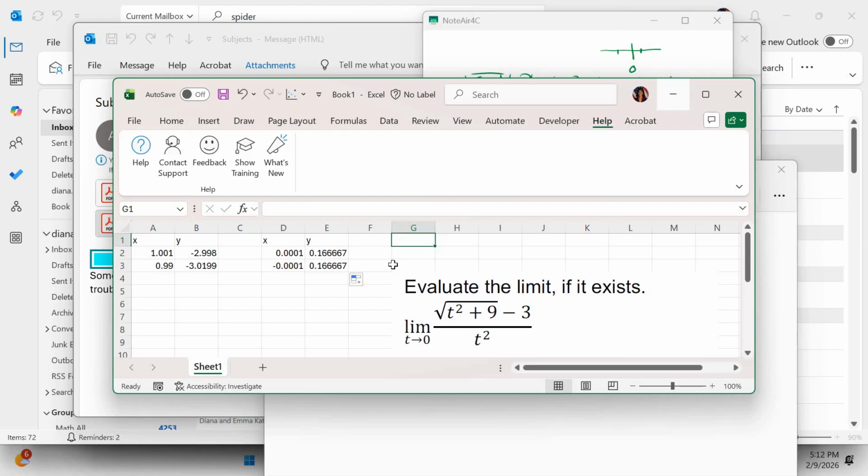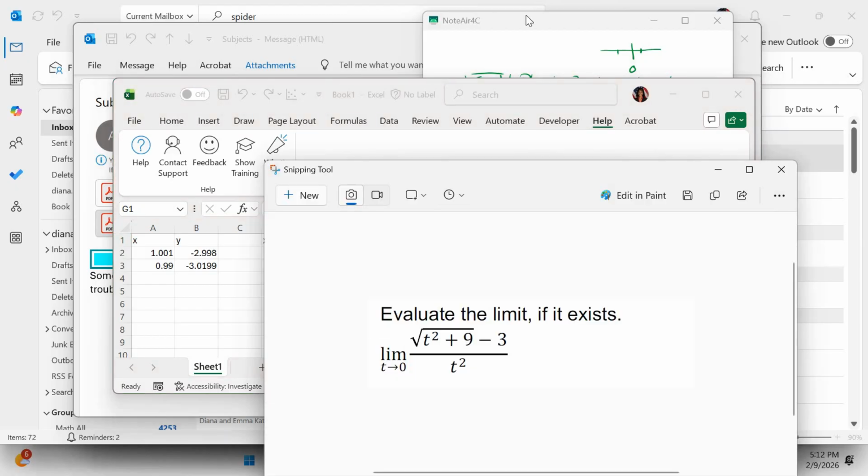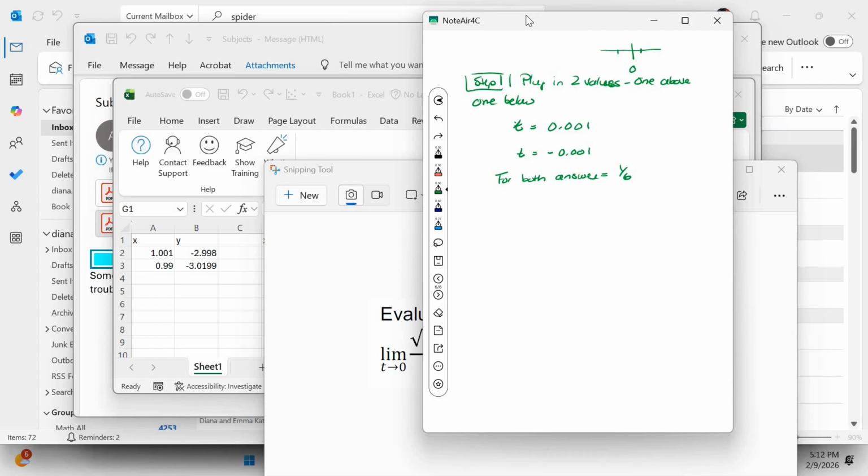And what I get is 1/6. So this is 1/6. You can experiment around and see what it is on a calculator. So it looks like for both, the answer looks like 1/6. All right, that's valuable because to do it by hand is a bear.